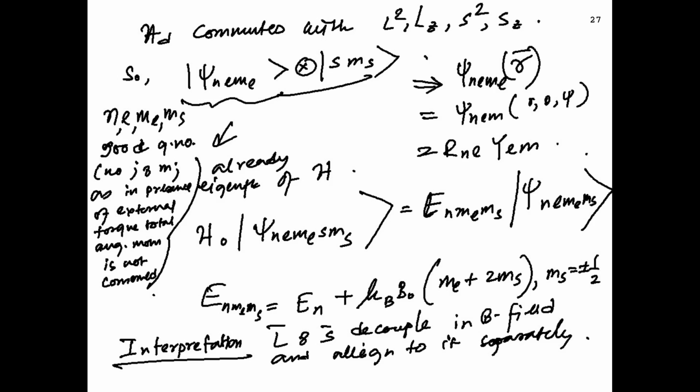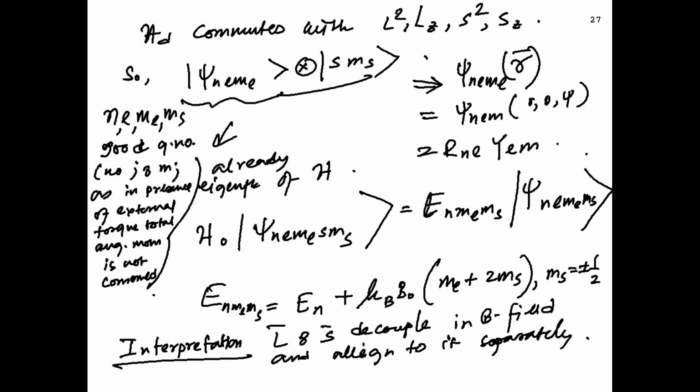Now, there is a way to interpret this physically. If you turn on a very strong magnetic field, then L and S will decouple, and L and S will independently align along the magnetic field. Normally you couple them to J, but J is no longer a good quantum number in fact.